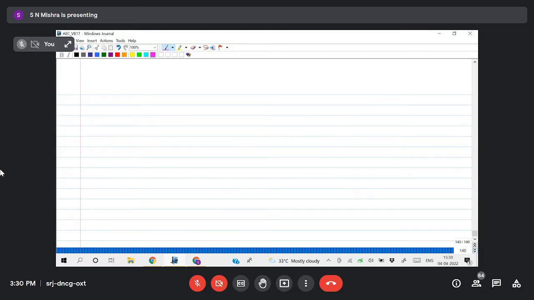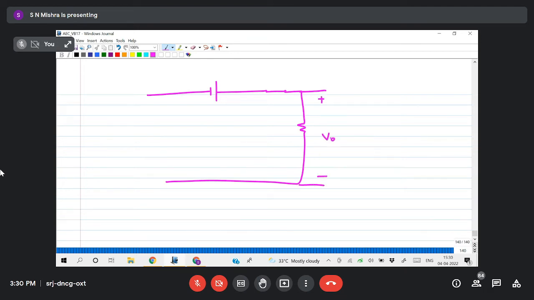Then you can find easily. With the 2 volt, diode will be short, resistor, plus minus V naught across R, 2 volt minus plus Vi. Apply KVL: Vi plus 2 minus V naught equals 0, V naught equals Vi plus 2.